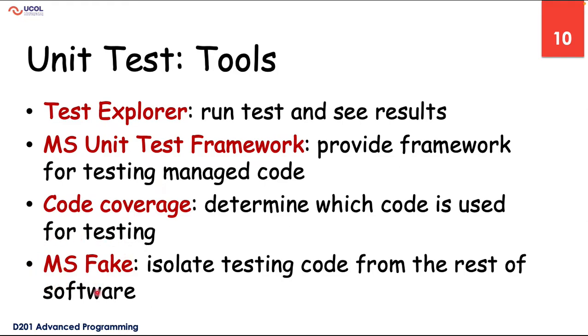With the help of Microsoft Fakes, we can isolate the specific component that we want to test from the rest of the software. That will help us test the different components in isolation and check that this particular component is working perfectly fine, and then we can look at the integration of that component with the others.